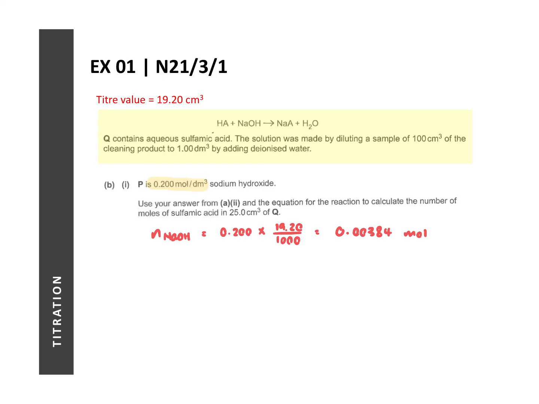In this case, the equation is given in the question. The mole ratio between acid and alkali is 1:1. So with that, we know that the number of moles of acid in 25 centimeter cube, remember only 25 centimeter cube of Q was used in the titration, is actually the same, equal to 0.00384 moles.